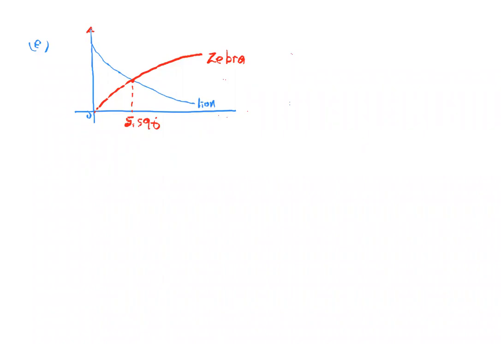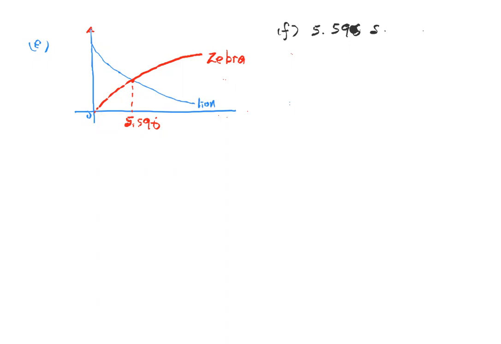Okay, then let's go to part F. So find the time. We use a graph, we get the time already. So part F is also done. It is 5.596 seconds. If they want the exact value, then you have to do it algebraically.